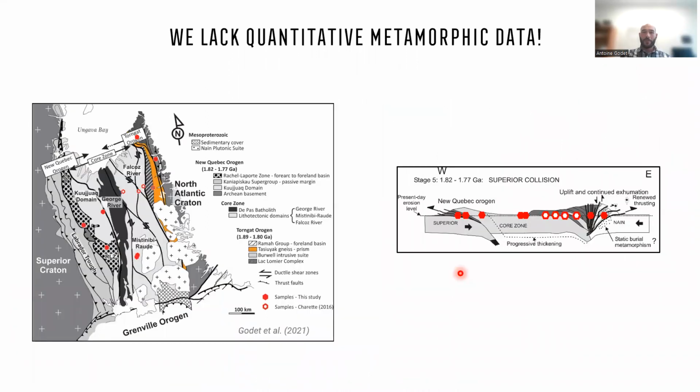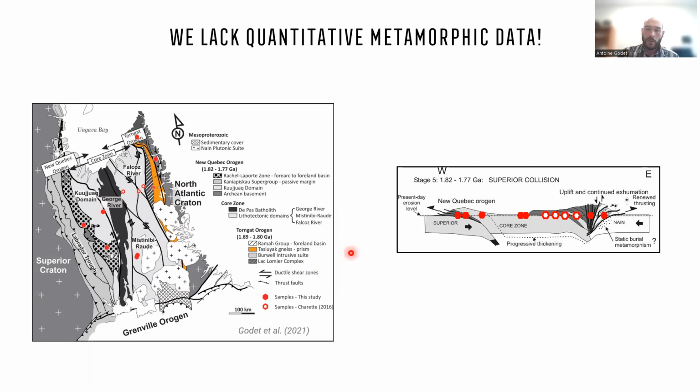But we lack quantitative metamorphic data. And this was one of the leitmotifs of my PhD project a couple of years ago. We need more metamorphic data to use as proxies to retrieve the metamorphic style and tectonic style in that specific region of the THO.